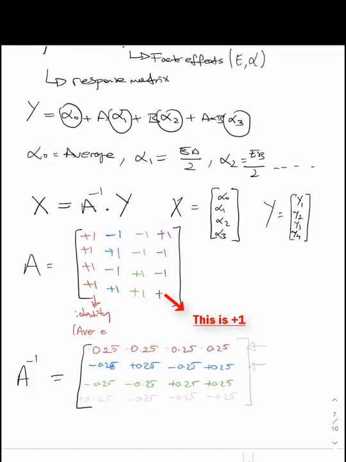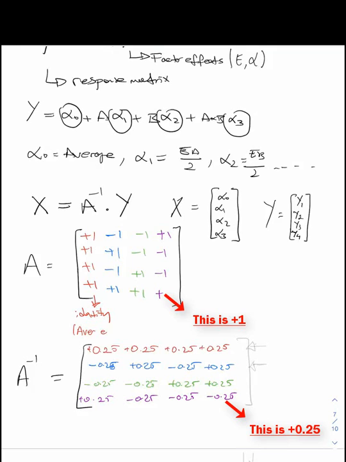And my last column is going to become my last row, so that will be plus 0.25, minus 0.25, minus 0.25, and minus 0.25. Just for completeness, let's write the pluses here so that there is no confusion.